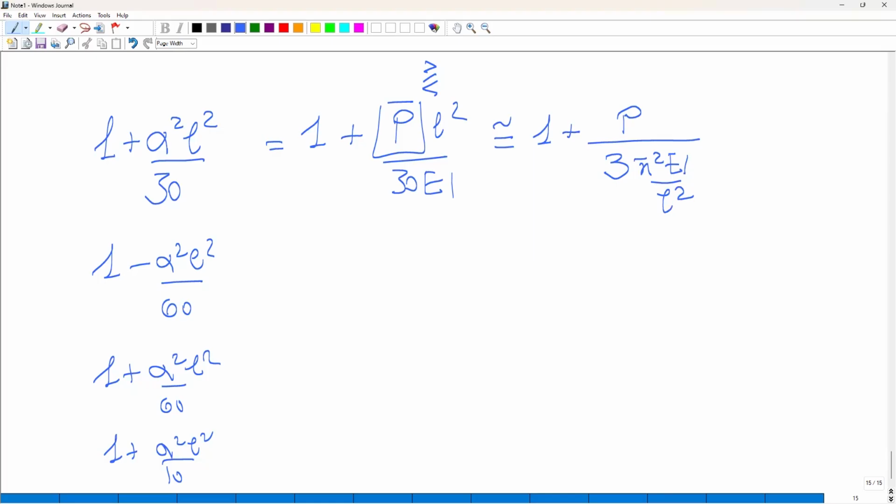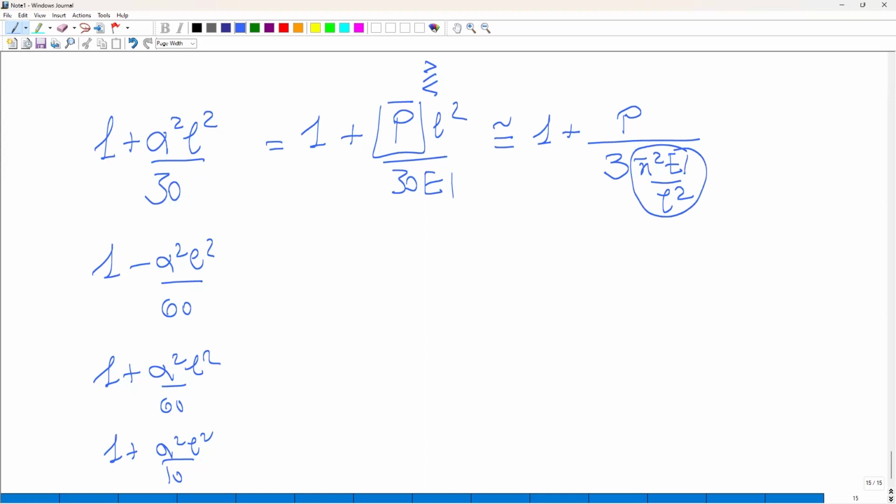Why do I use this formulation? Because saying that P is 1 ton, 10 tons, 100 tons, 1,000 tons, if you don't say anything else, is just a number. You do not have the feeling of how dangerous that axial force is. What is this?